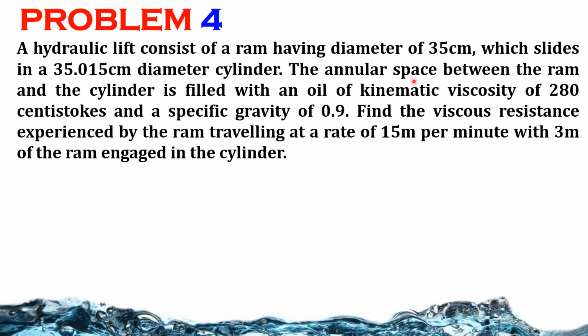The annular space between the ram and the cylinder is filled with an oil of kinematic viscosity of 280 centistokes and the specific gravity as 0.9. Find the viscous resistance experienced by the ram traveling at a rate of 15 meter per minute with 3 meter of ram engaged in the cylinder.